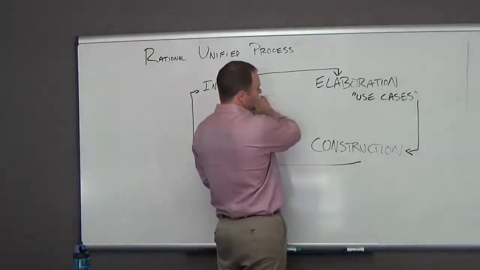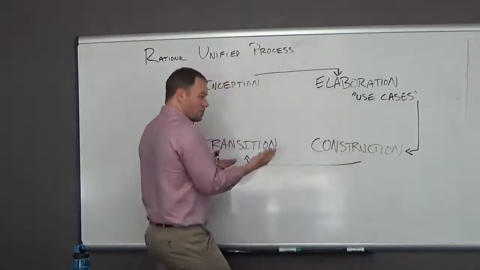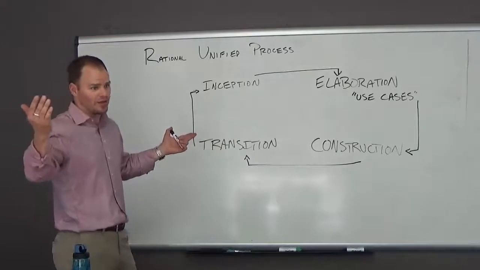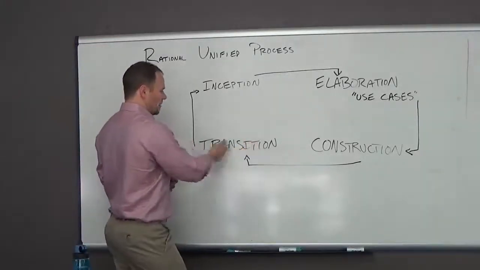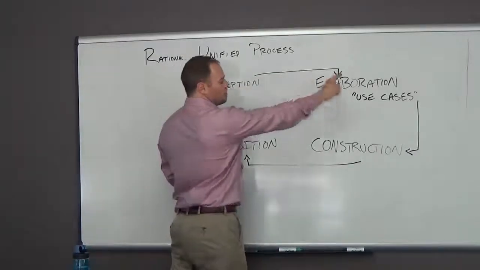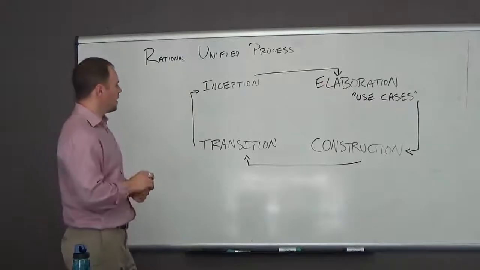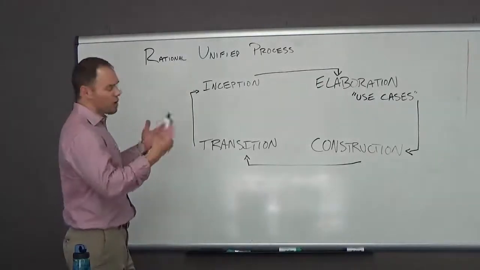So you come up with the idea, you elaborate, you go through the development effort, and you realize, there's all these big bugs I didn't anticipate. Going back to the car example, I forgot to put a roof on, right? I went out in the rain and I got soaked. So we have to pull it back in, design a new roof or design a new solution, including the roof, and then eventually we get to the point where we are transitioning again into production. So that's the RUP process.